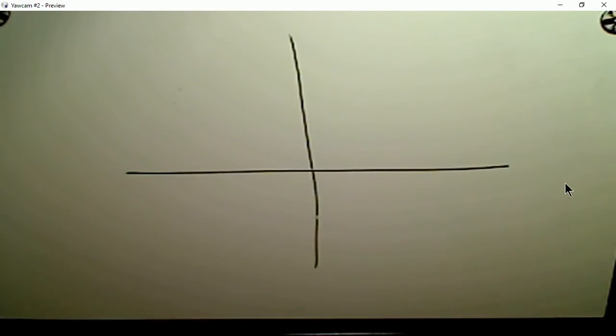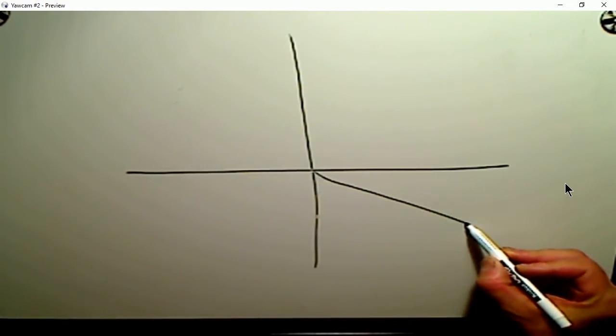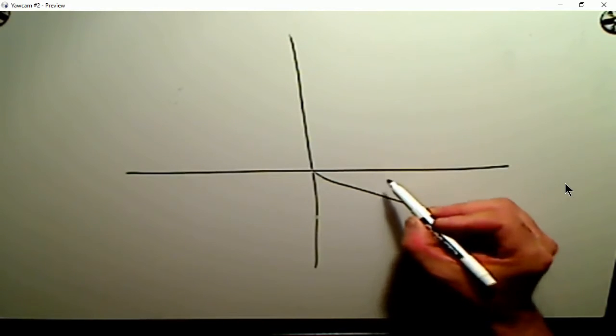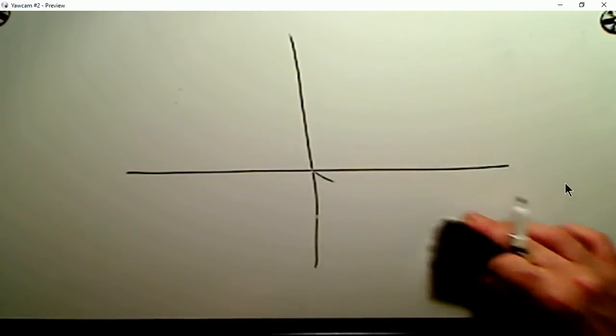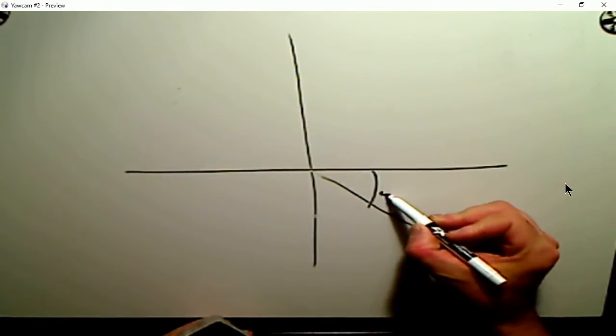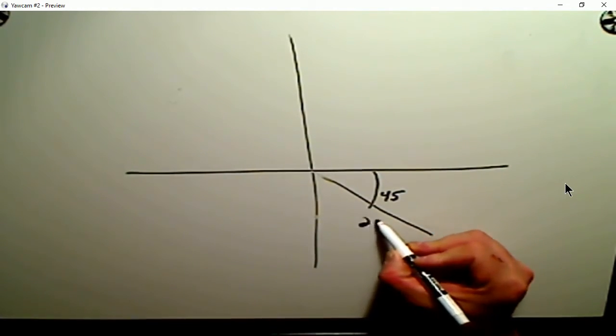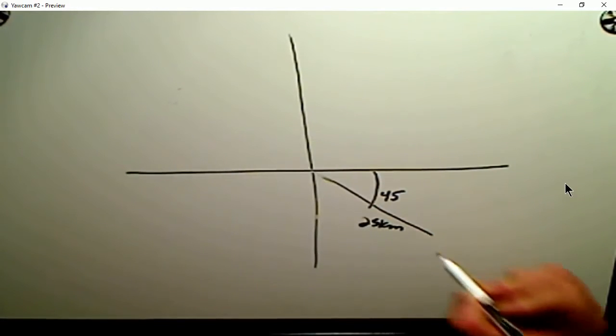Let's say he walks 25 kilometers directly southeast, which would be, if I drew that correctly, hold it. Let's draw that directly southeast. This would be 45 degrees, 25 kilometers. That's the distance.